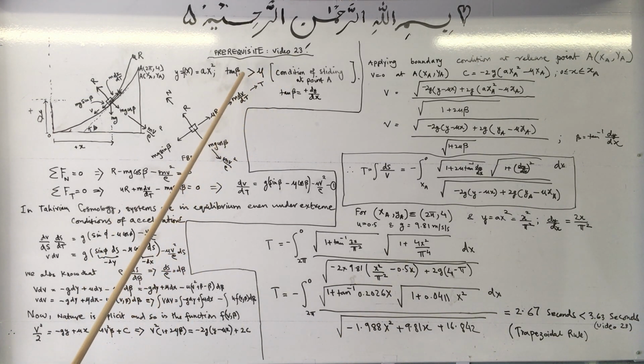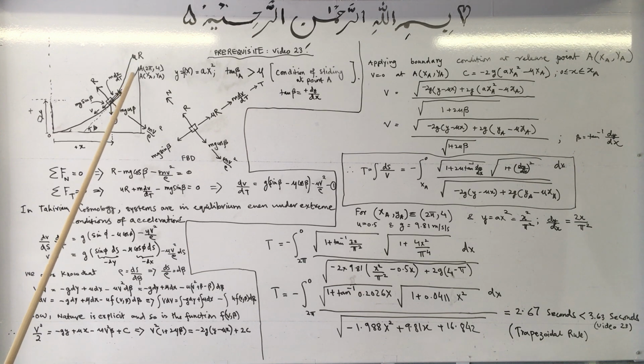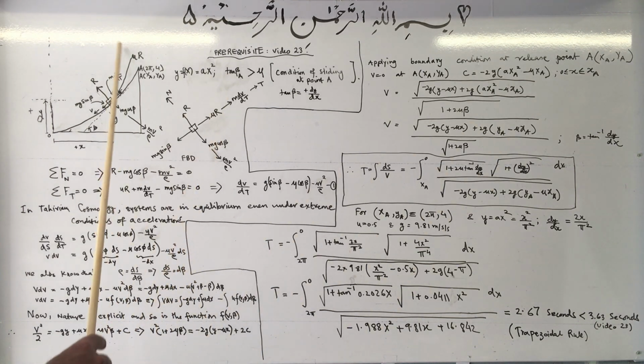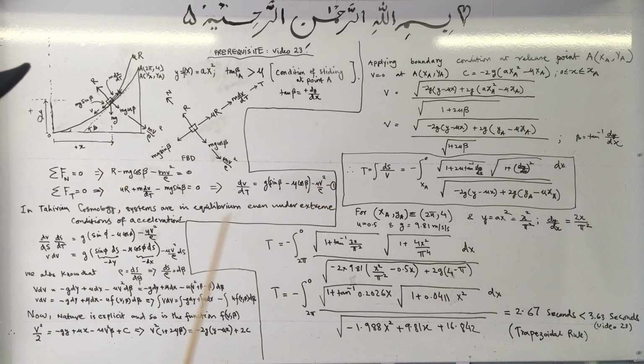But it should be less than the tan of this angle at this point. Otherwise there won't be any sliding. When you leave it here, it won't slide, because this is the condition of sliding at point A.